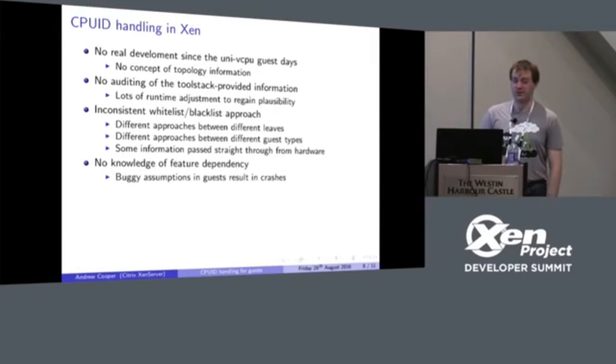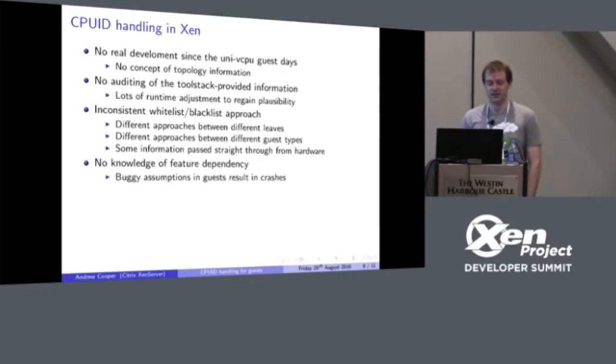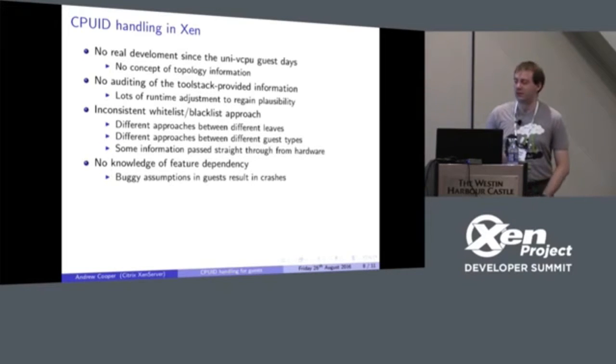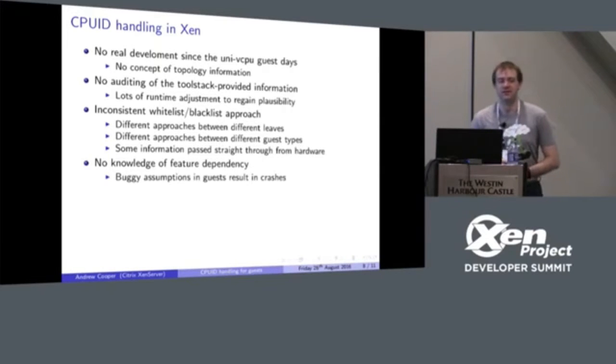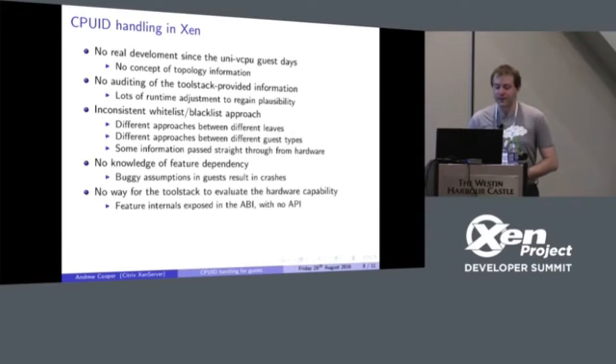Both of these resulted in user space crashes, and they existed because of a bad dependency logic in the hypervisor where we took out one feature bit and not a dependent feature bit. As a result, you ended up with a technically correct, according to the spec, set of features, but it's not a combination that's ever been seen on real hardware, and as a result, no one had ever tested that.